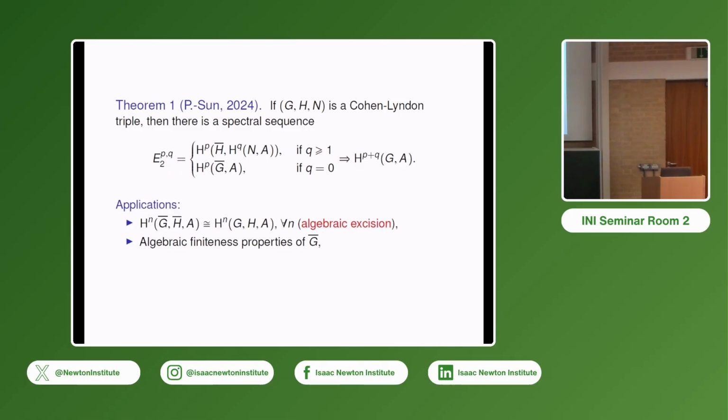And now you have the same thing for the two pairs, G bar, H bar, and G, H. But then there are natural maps going from the cohomology of G bar to G, and of H bar to H. But then the third one is an isomorphism. Every third one is an isomorphism. And that is useful because it can give you consequences, one of them being algebraic finiteness properties.